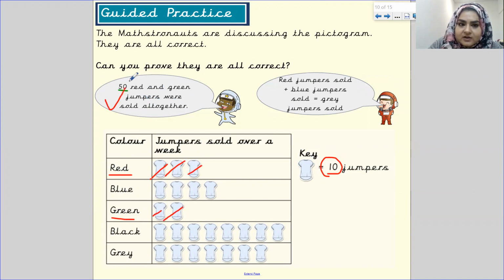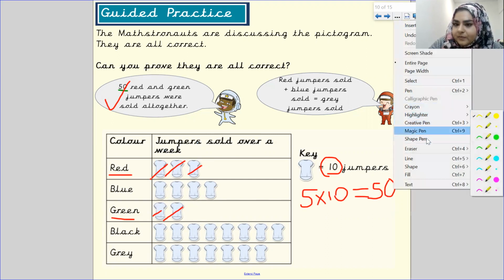So we know that is correct. And we can also check that by counting the red jumpers. So we have 3 red jumpers and 2 green jumpers, which is 5 altogether. So 5 times 10 is 50.